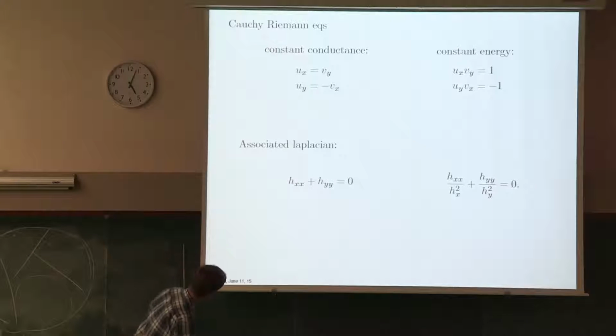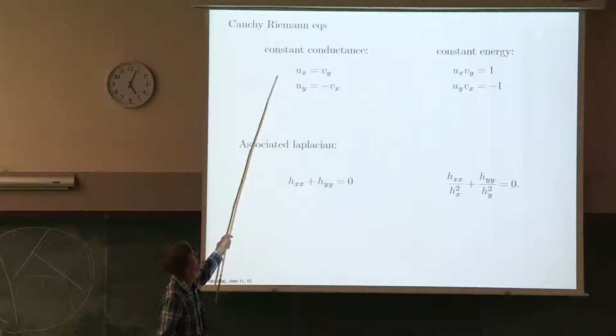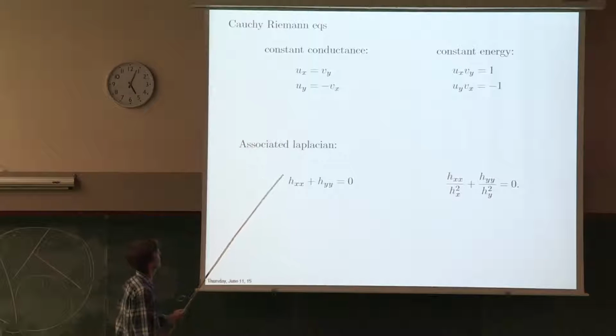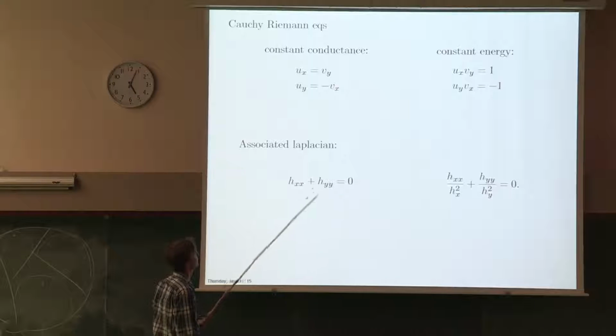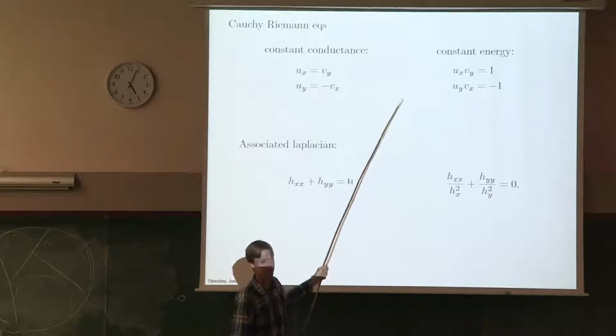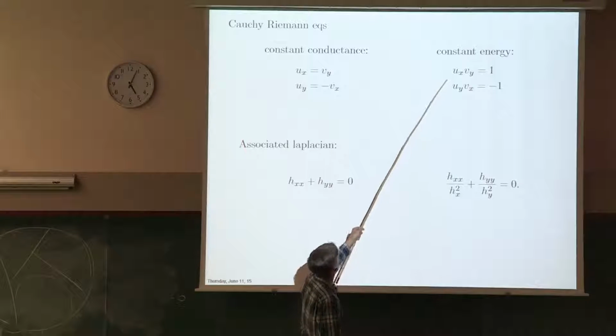Here it is. The usual Cauchy-Riemann equations with constant conductance look like this. That's what you learn in your complex analysis class, and there's an associated Laplacian operator. If instead you fix the energy and you fix that particular orientation, then the analogous equations look like this.